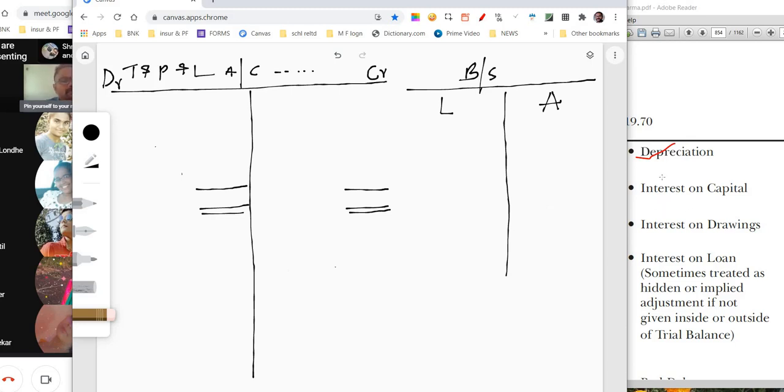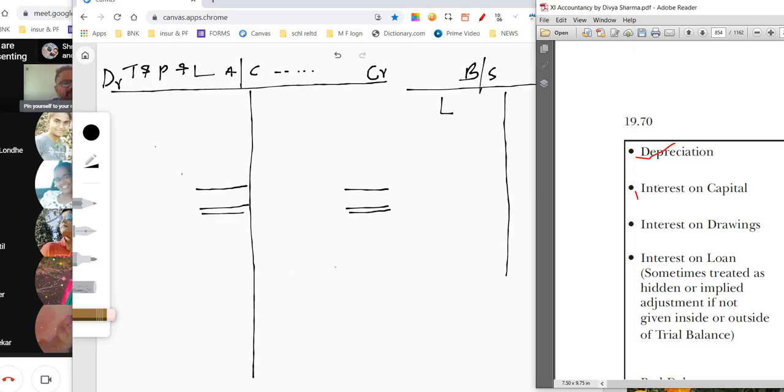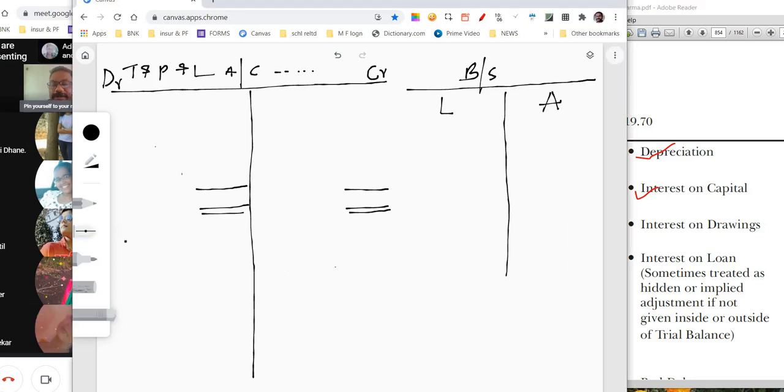Interest on capital. Debit side of profit and loss account. Very good. So we put it here in the debit side because it is an expenditure. And in the balance sheet, liability side. Add to capital.